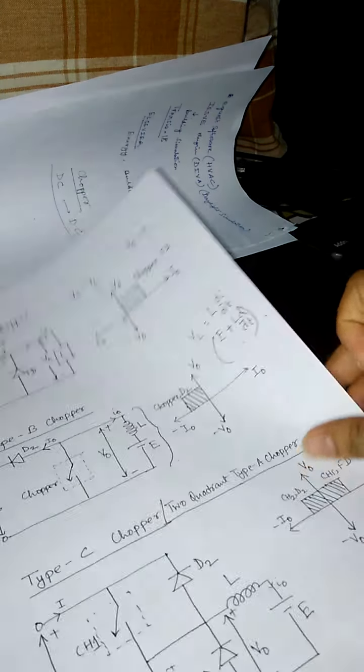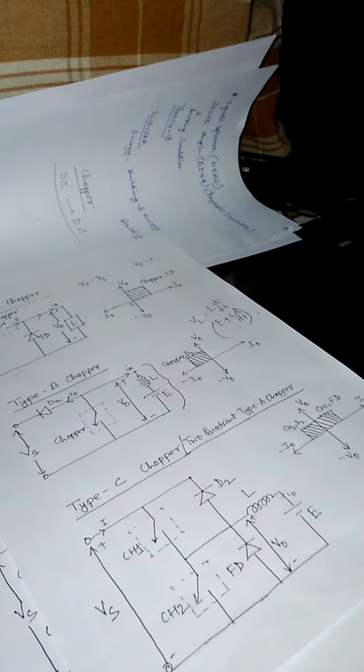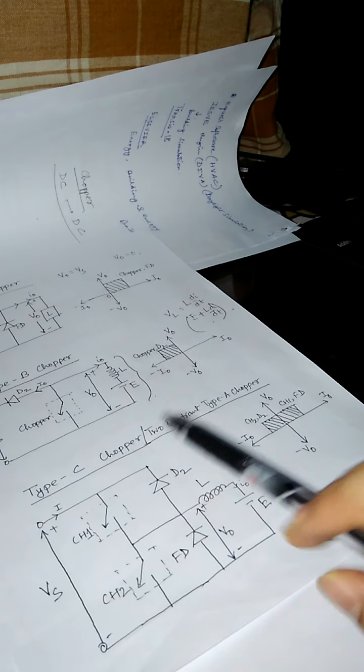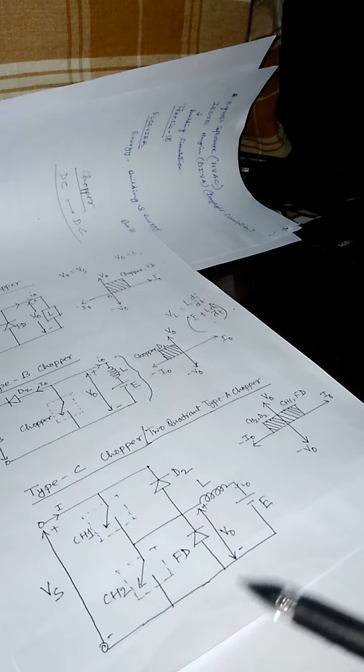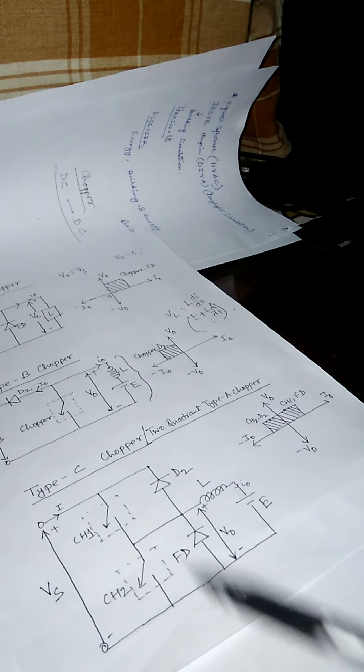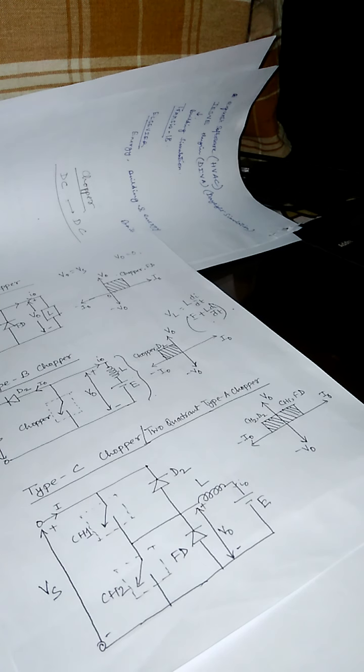Now we will move to the third circuit, which is called type C chopper or two quadrant type A chopper. We already considered type A chopper and type B chopper, that means step down chopper and step up chopper.